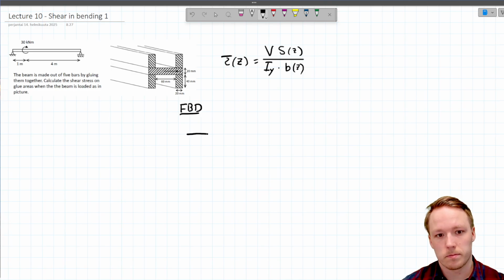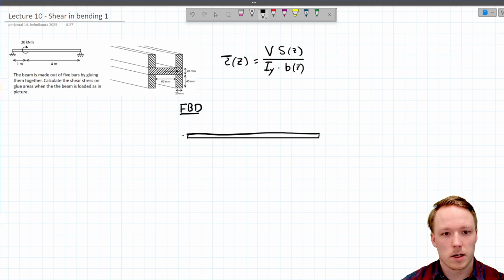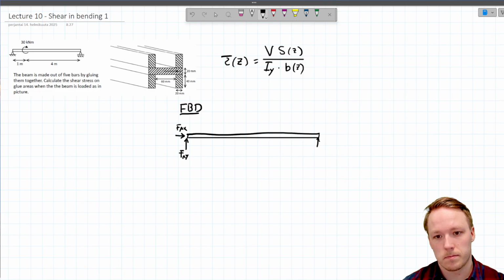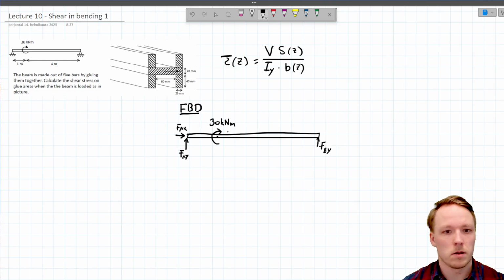On the left hand side we have FAX, FAY. On the right hand side, and here we have a moment around that point, 30, like so.